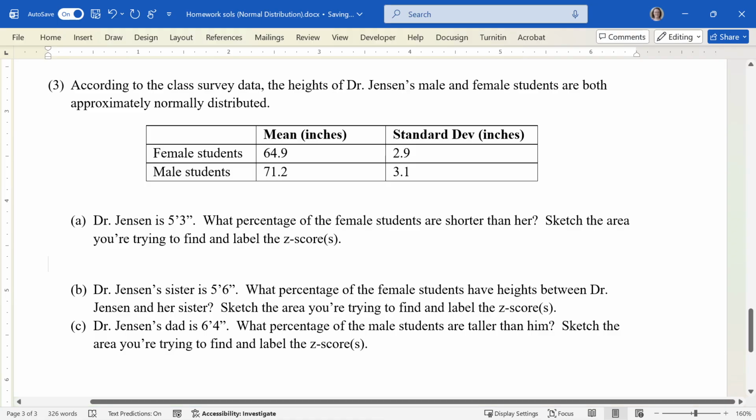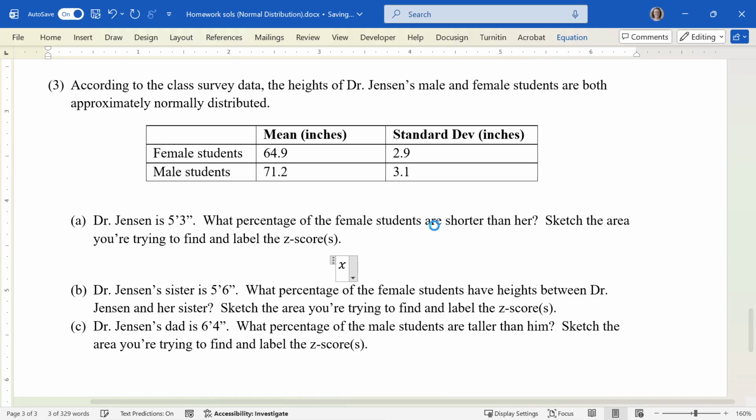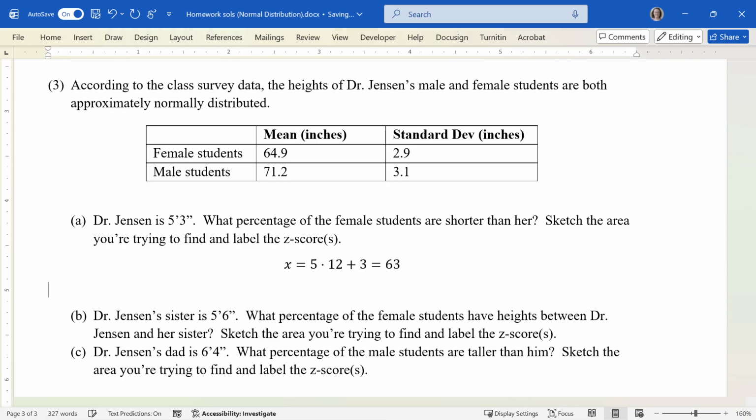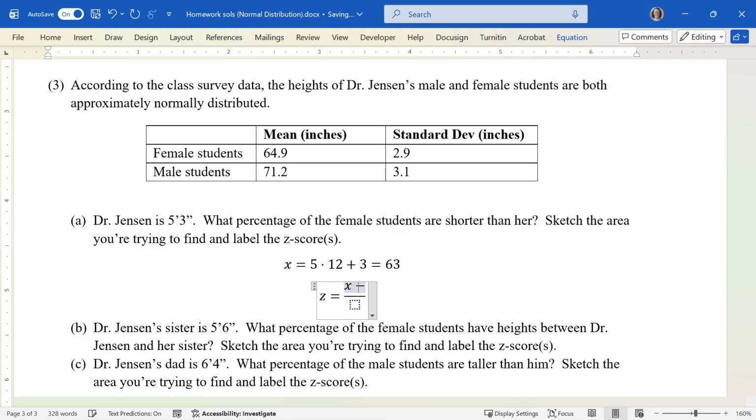Firstly, the x, or the data value here, we need to convert from feet and inches into just inches. So we're multiplying my feet by 12, and then adding on that extra 3 inches. So this is going to be 63 inches for me. Then we convert that to a z-score using the formula, data minus mean over standard deviation.